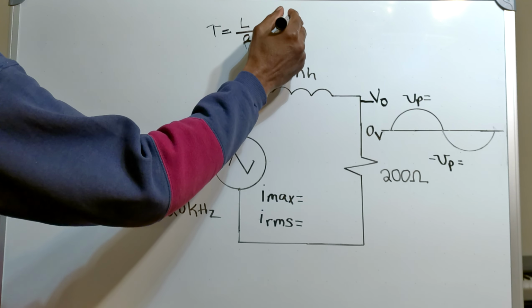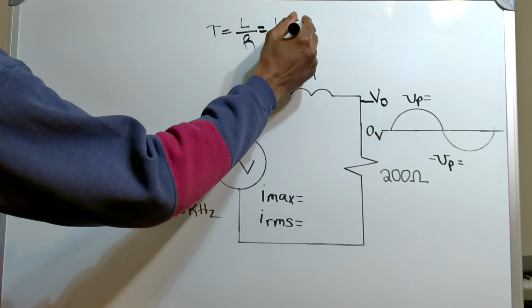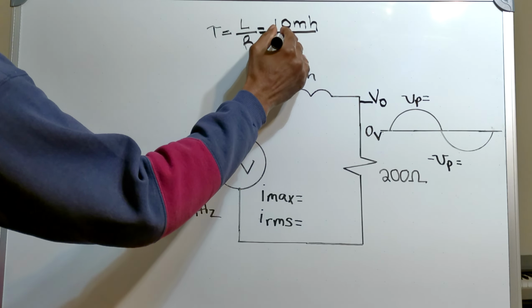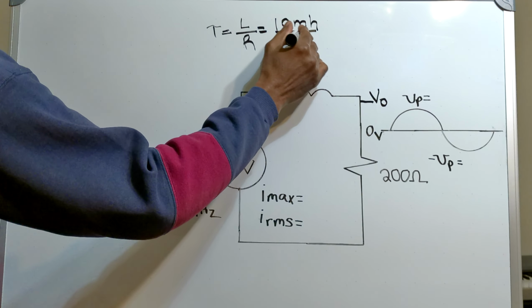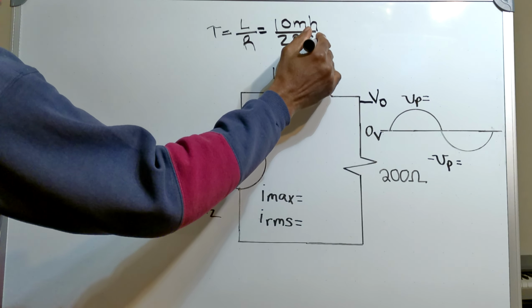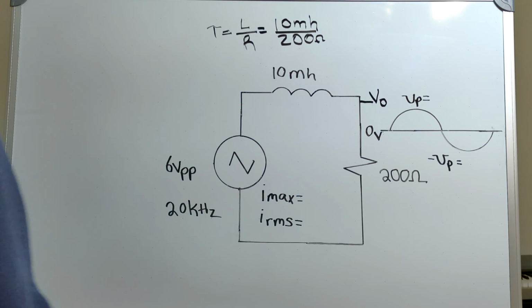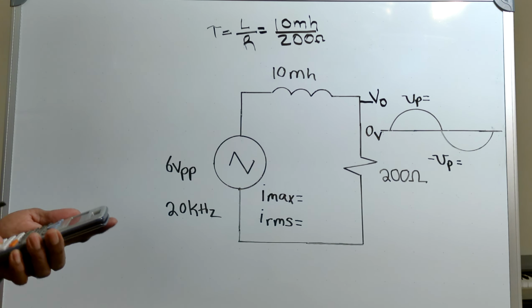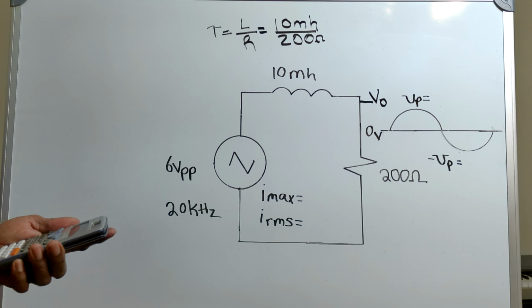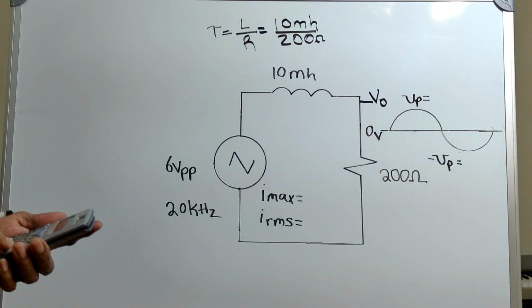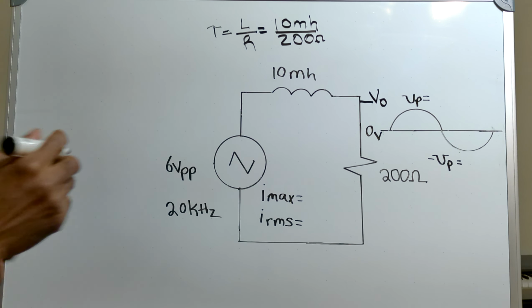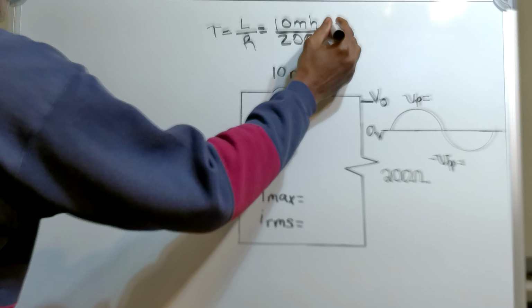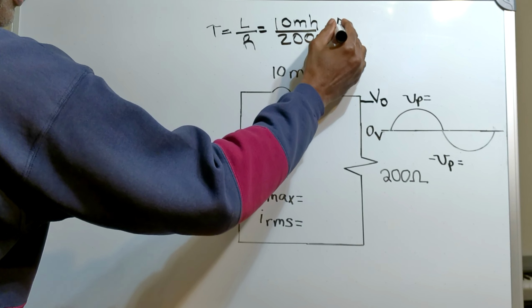For 10 millihenries over 200 ohms, that gives me 50 microseconds.